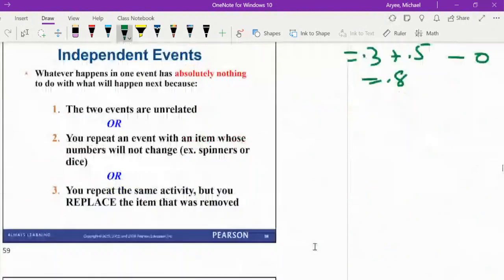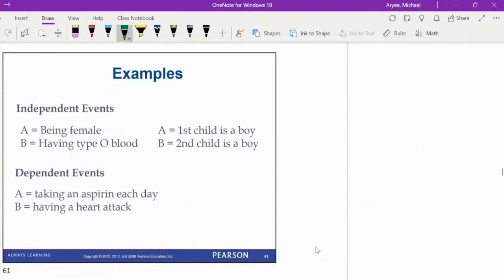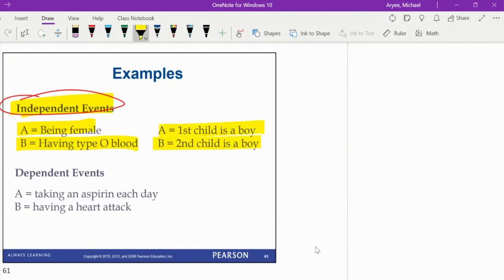Upon that note, I think that I'm going to end. Oh, one more. My time is gone, but one more. In your homework you will also be given scenarios. Like here, it says that A is female having blood type O. We know those are independent, right? Or having a first child, having these two also are independent.